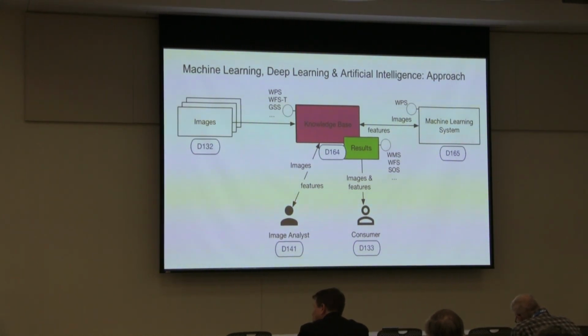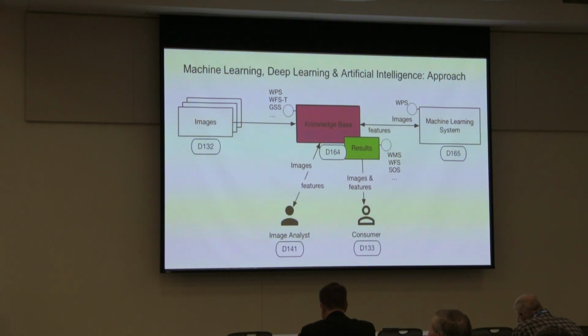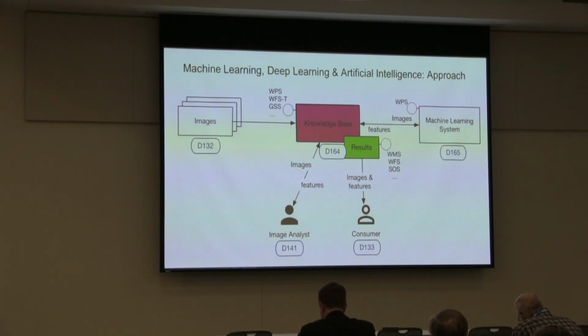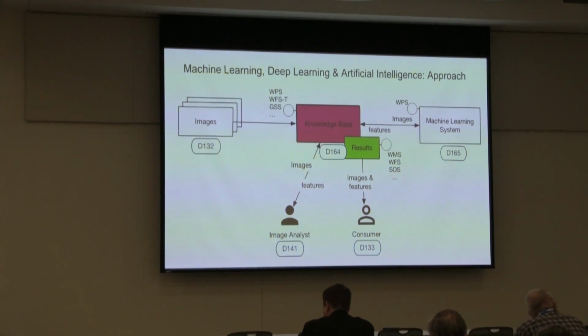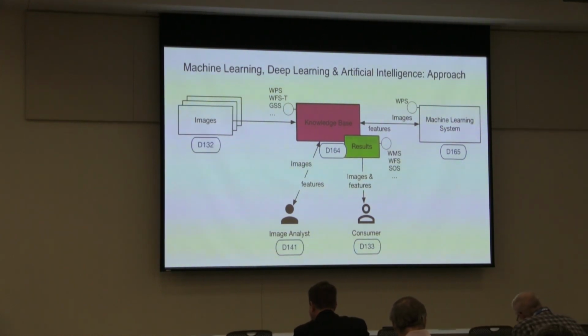So this task showed how OGC services and the spatial resources were integrated into these machine learning systems. We looked at what APIs were involved, in particular OGC WFS, web feature services, and web coverage services, to define image repositories and feature stores. When this knowledge base wanted to get a particular feature, it would go to this repository and get the information, so then the machine learning was able to process that information.